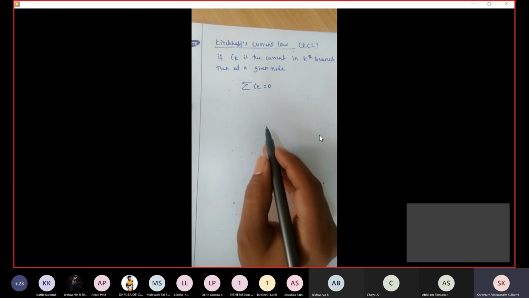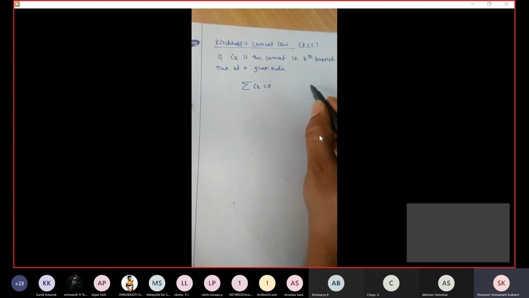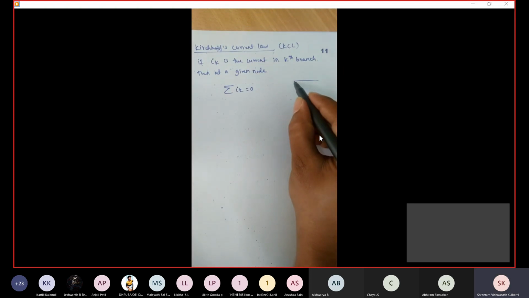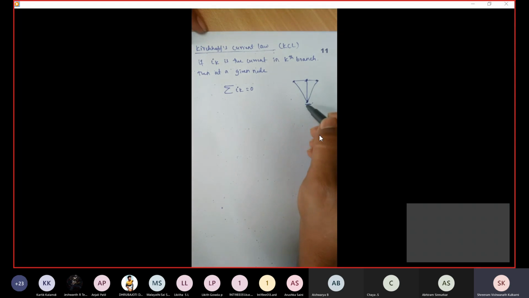If there are n nodes, there will be n equations. For example, this is my graph. How many nodes are there? 1, 2, 3, 4. This is the base node, leave this. 3 equations we are going to get, one for each node: 1, 2, 3.